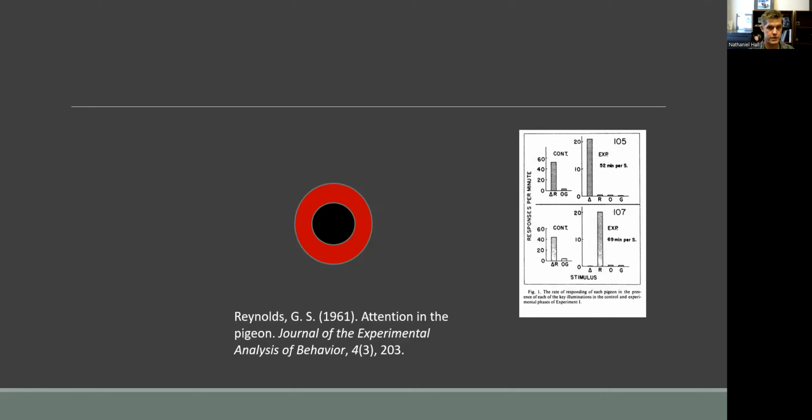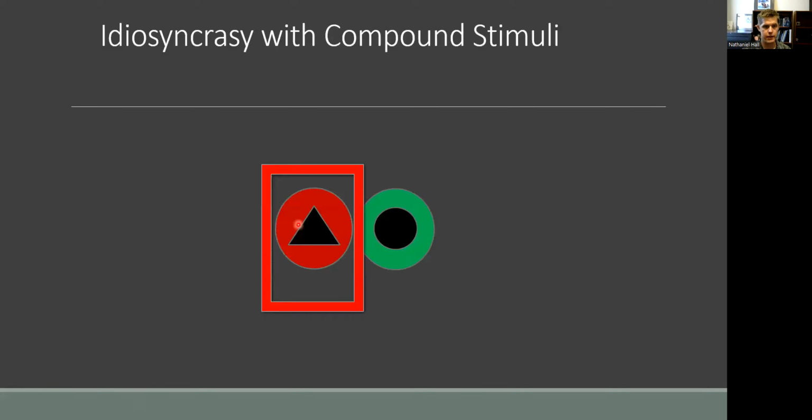And in fact, when it comes to the small number of pigeons that were tested in this experiment and in other contexts, you can have idiosyncrasy in terms of what is paid attention to or where attention for that stimulus comes from. What I mean by that is that some animals will indicate that this is a target stimulus because it is the same color as the previously trained one.